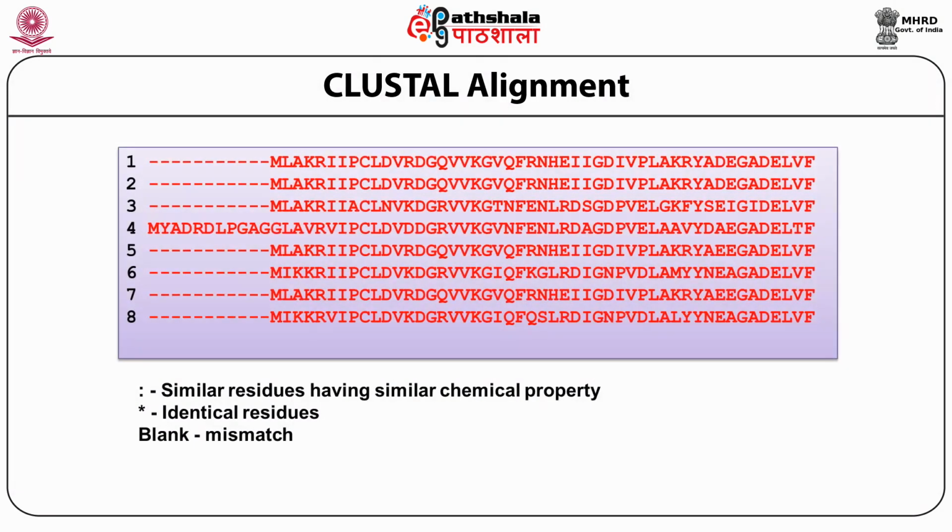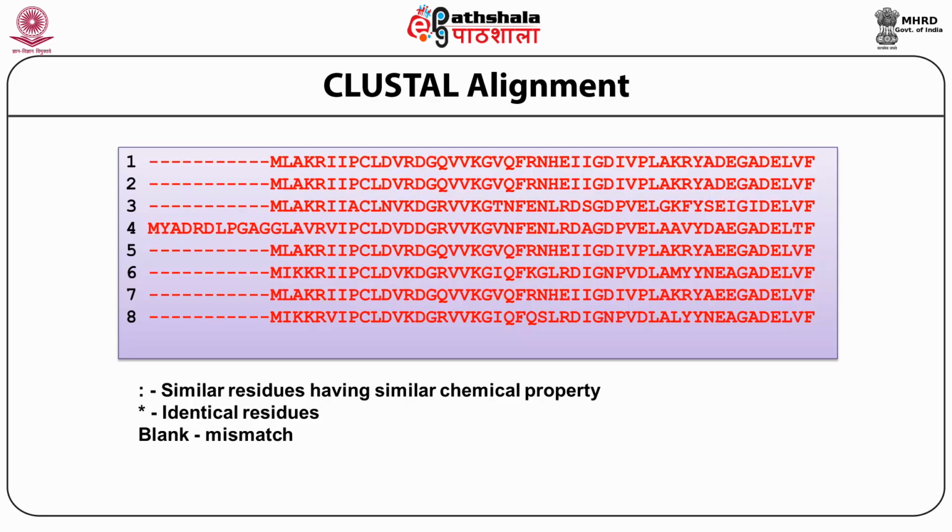So once you enter your choice, then if you do an alignment, after modifying the gap penalty and extensions, your alignment will look like this, where you see that you have given query sequences, 8 query sequences, and you have asked for a multiple sequence alignment, and the alignment has been done using ClustalW. So here you see colons, stars, and gaps.